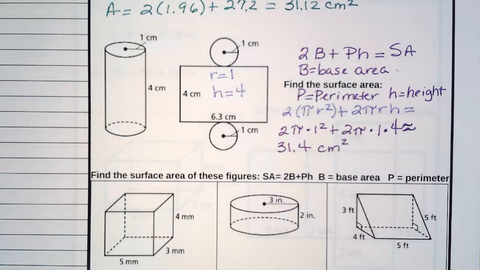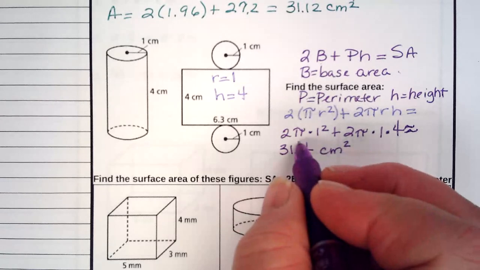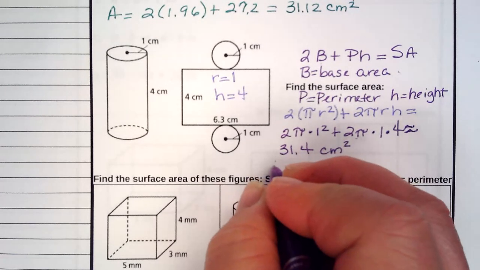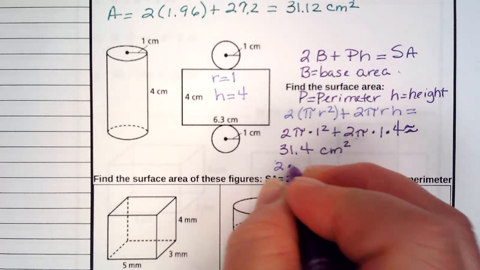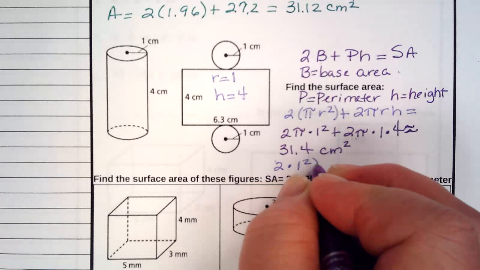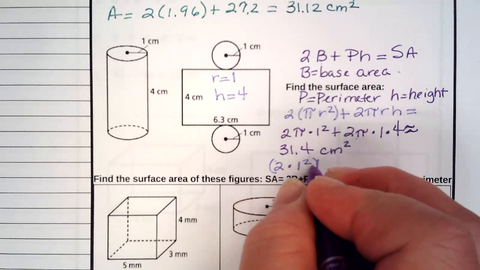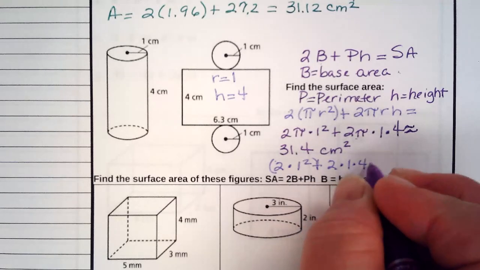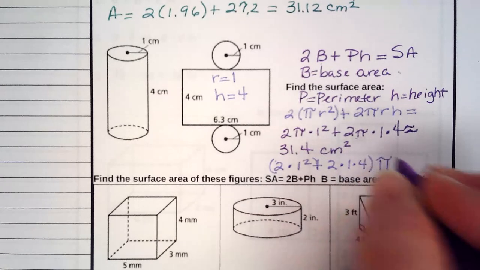But what if we wanted to find it without the calculator, and just add the pi back in to make sure it is exact? Well, then you've got pi in both of these terms, so it would be 2 times 1 squared plus 2 times 1 times 4, all times pi.